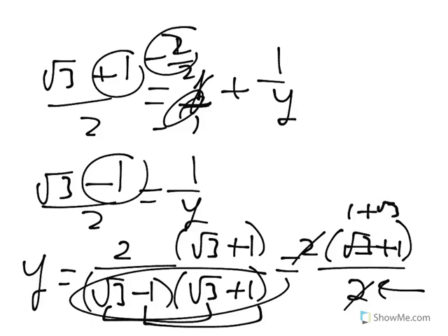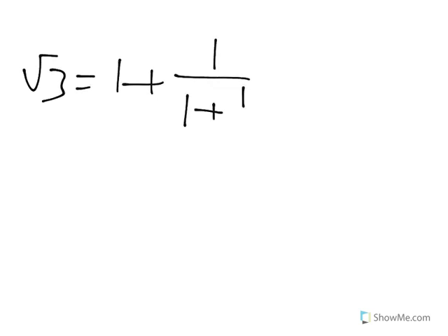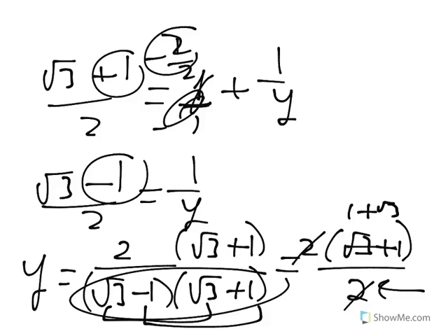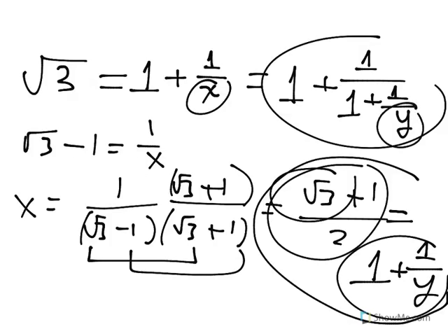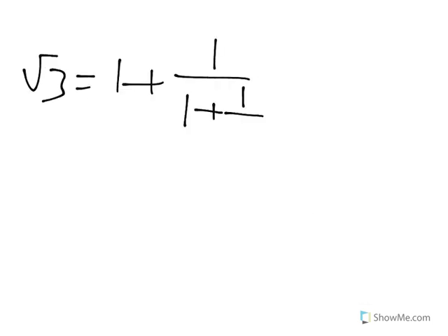Okay, now the process gets to finish, because here I was 1 plus 1 over 1 plus 1 over y. But now, instead of writing y, I'm going to replace the y with 1 plus radical 3.